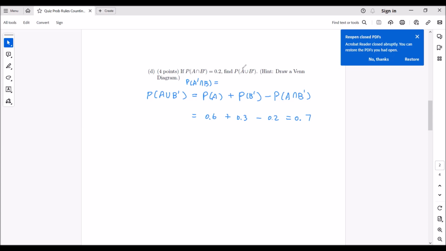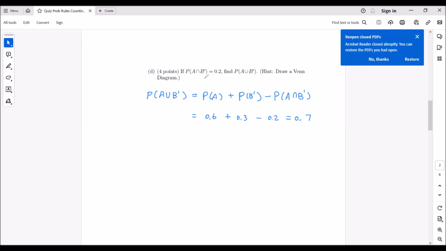Then you are not able to use the addition rule directly. You need to do something else. So sometimes for this type of problem you cannot use those rules directly, and it's better to draw a Venn diagram.